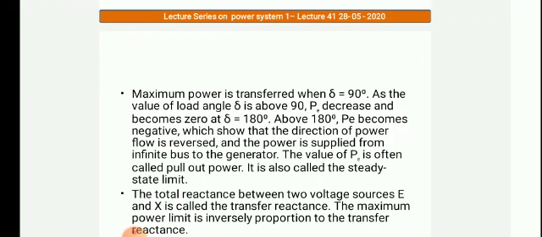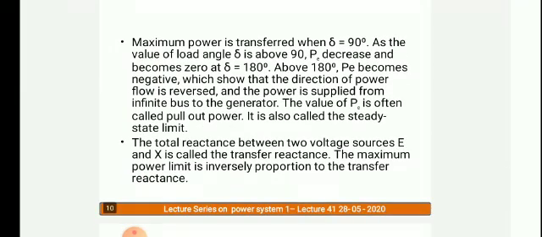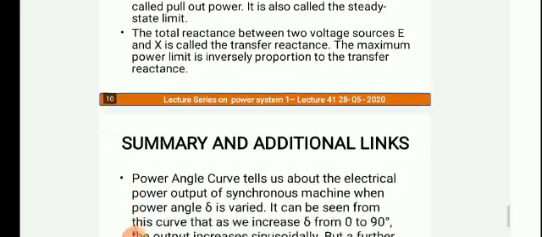The maximum value of P is often called the pull out power. It is also called the steady state limit, that is SSL. The total reactance between the voltage sources E and V is called the transfer reactance. The maximum power limit is inversely proportional to the transfer reactance.